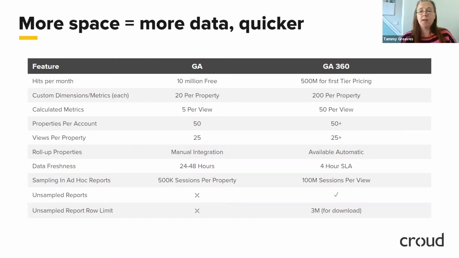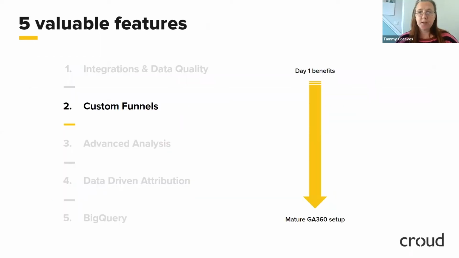So if you've got a mature setup and you need quite fresh data and you want to be more responsive to the data in real time, then 360 will give you that. So the key things here are just the data and reducing your sampling within GA if that is an issue for the bigger clients. Next one, please, Jeff.